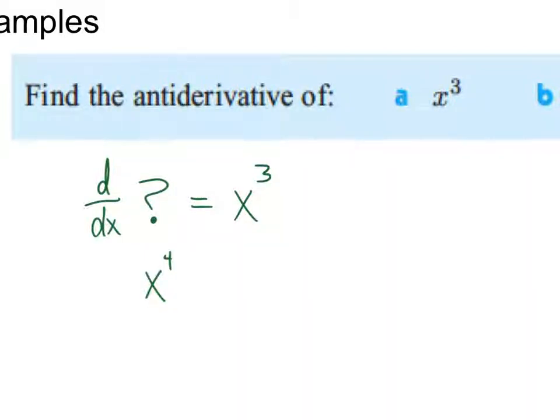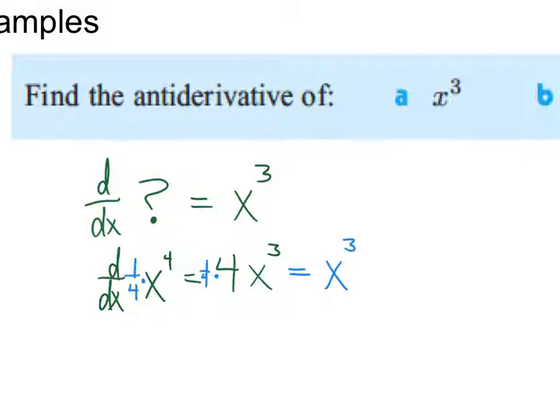But if I take the derivative of x to the 4th, I get a 4x cubed, not an x cubed. So it has to be over 4 because you have to divide it. So if I throw in a 1/4 times that x to the 4th, then I'll have 1/4 times 4x cubed, and that will equal x cubed.